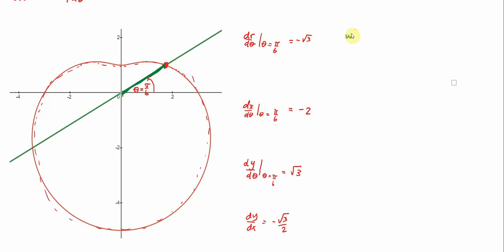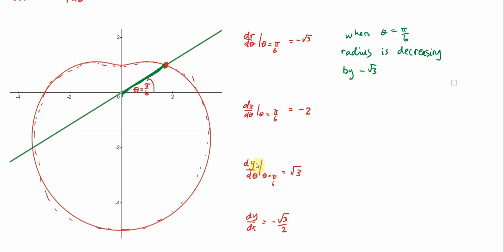So when theta equals pi over 6, the distance between the point on the curve and the origin is decreasing by negative root 3. If we had units, this would be a length, and it's a kind of weird unit: negative root 3, let's just call it feet, per radian. For every slight change in the rotation, this length is shrinking by negative root 3.